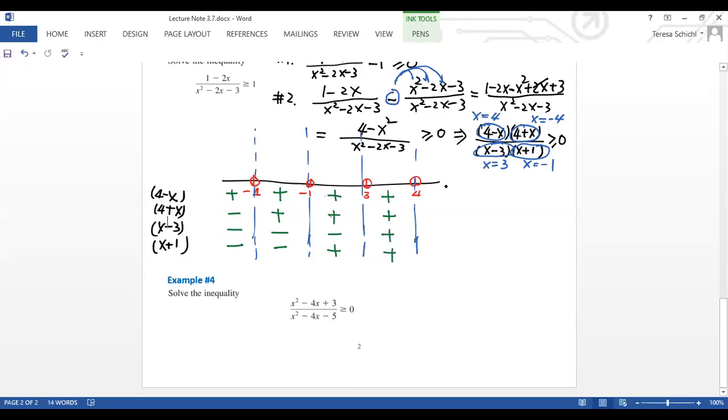Okay, choose something bigger than 4, 5. 4 minus 5, negative. 4 plus 5, positive. 5 minus 3, positive. 5 plus 1 is what? Positive. Finally.